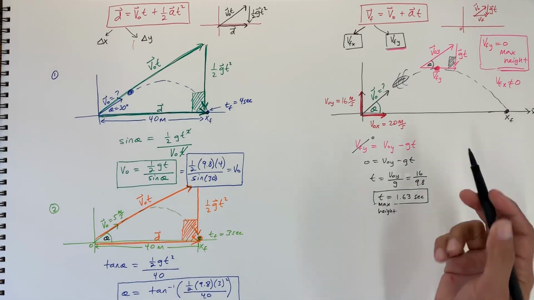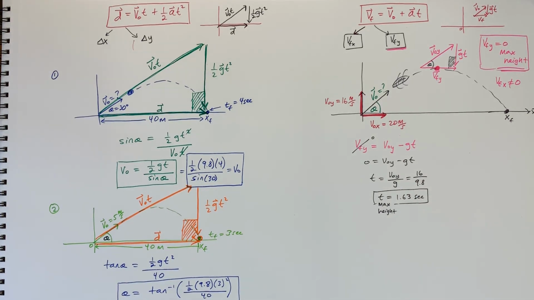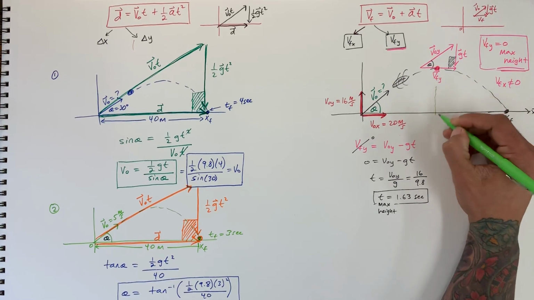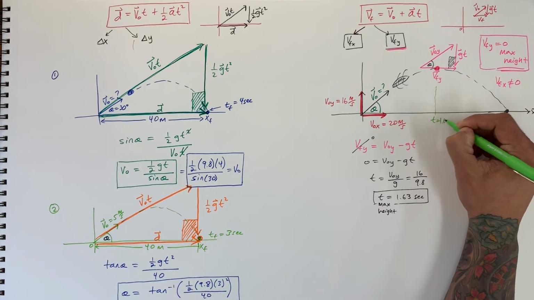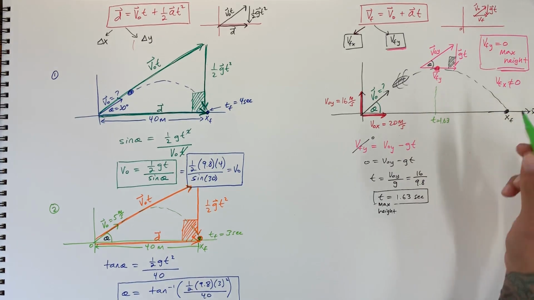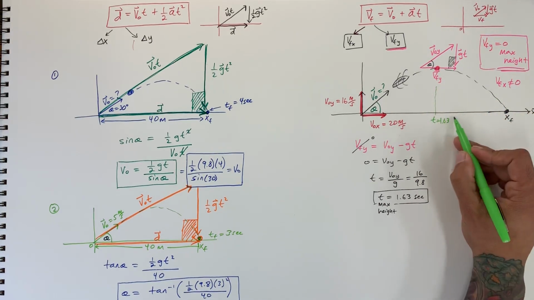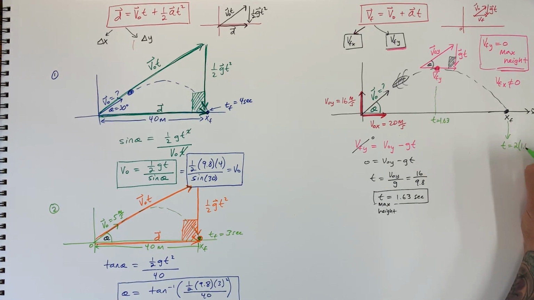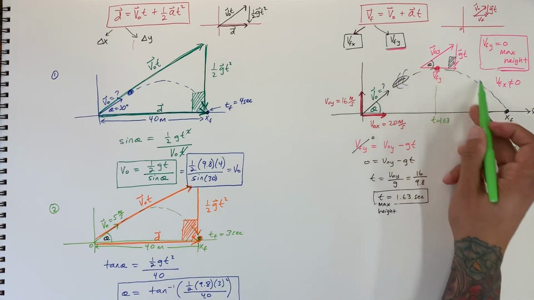So remember what I told you in the previous video, that at max height, which is here, okay, t is equal to 1.63. Now, if we just double it up, then we have the final time here as t is equal to 2 times 1.63, because it follows a parabolic trajectory.